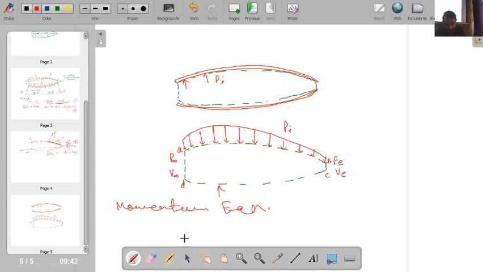So I will be having rho v vector dot ds vector multiplied by v vector. On the right hand side I will be having the pressure force, so minus surface integral of p into ds vector.